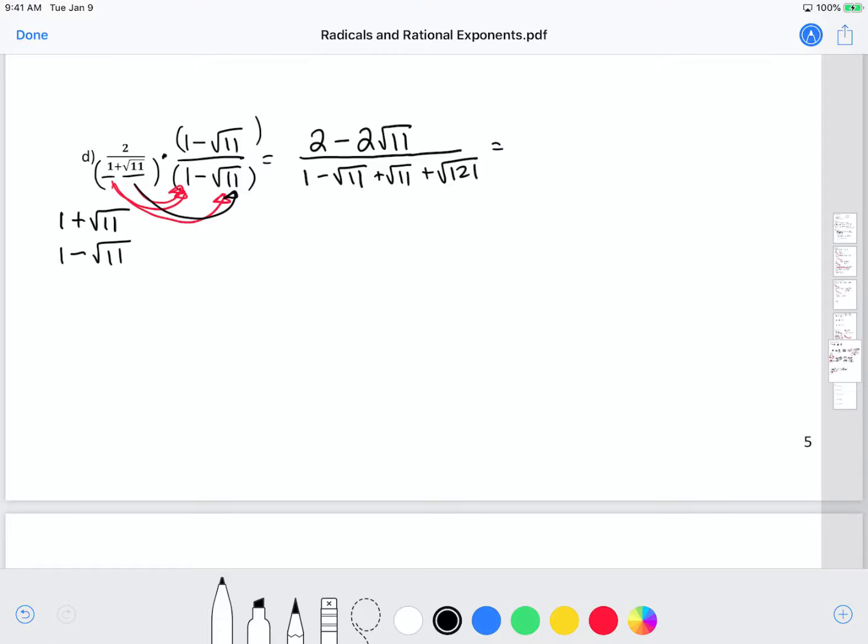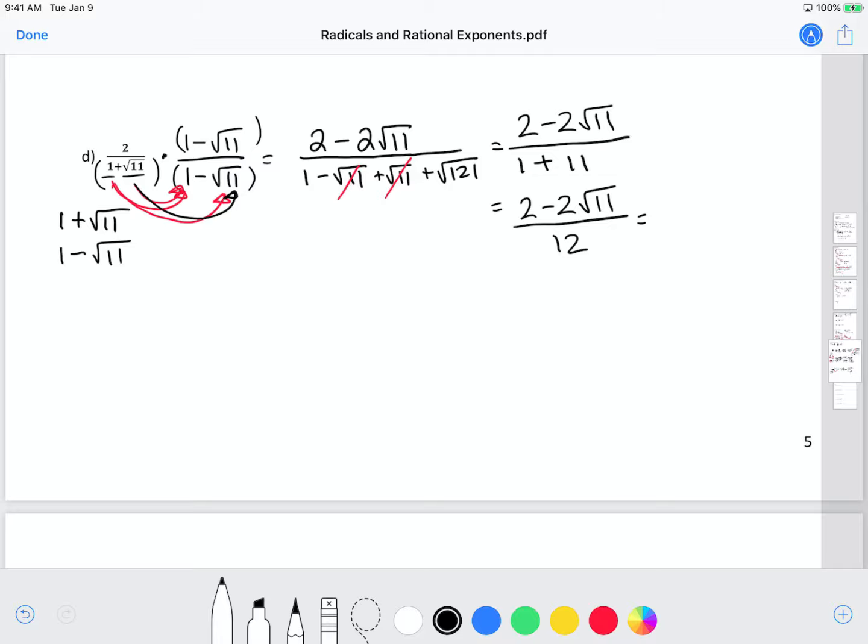So now on the top I have 2 minus 2 square roots of 11, and in the denominator I can cross off the plus and minus square root of 11, and I'm left with 1 plus the square root of 121. And the square root of 121 is 11. So now I have 2 minus 2 square roots of 11 all over 12.